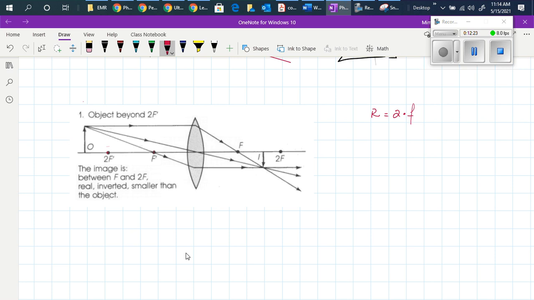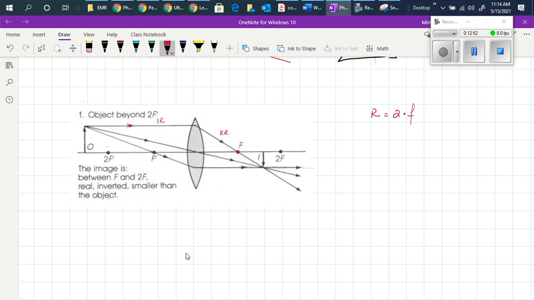The first rule says that when the incident ray is parallel to the principal axis, then the reflected ray passes through the focal point. And when it is passing through the focal point, then it is reflected parallel to the principal axis.